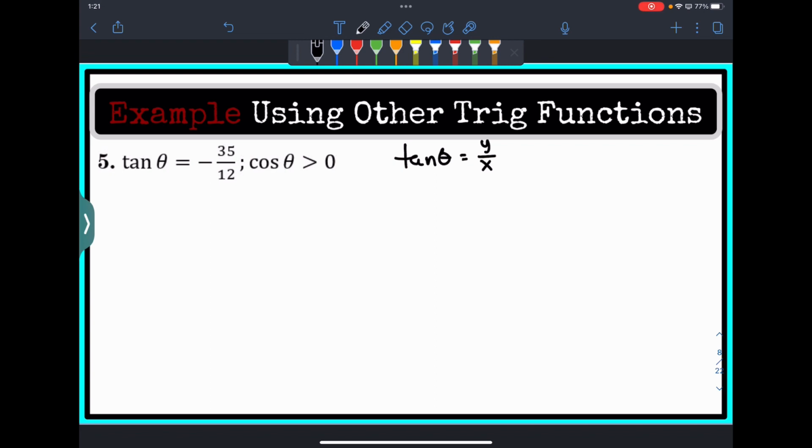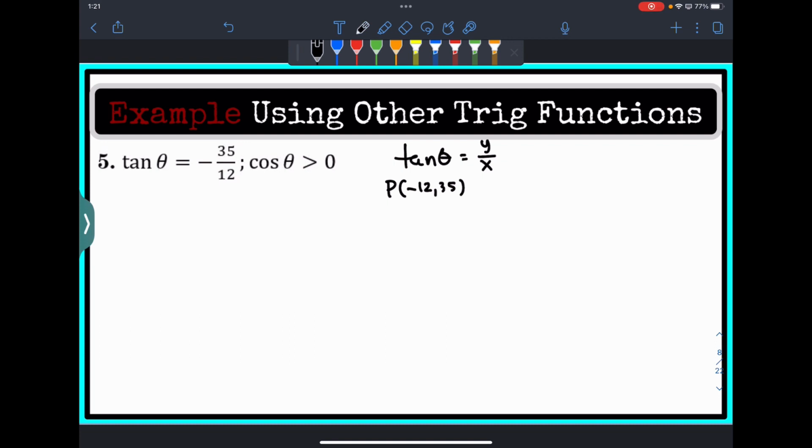Our point P could be negative 12 over 35, because this would be the y value, this would be the x value. So dividing a positive 35 by a negative 12, that gives me negative 35 over 12.